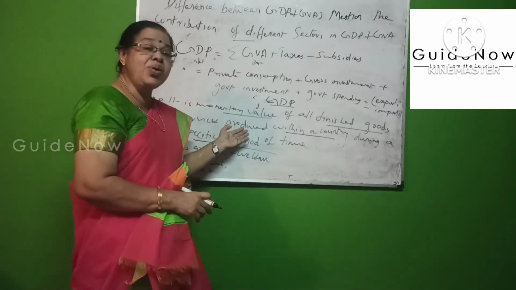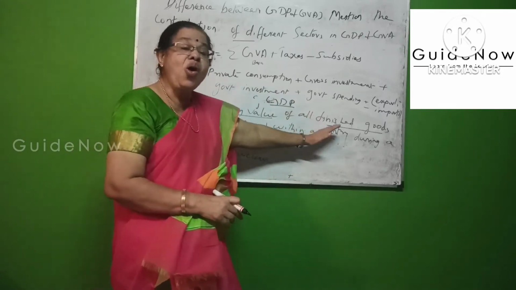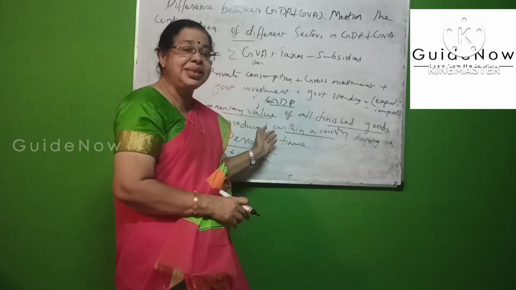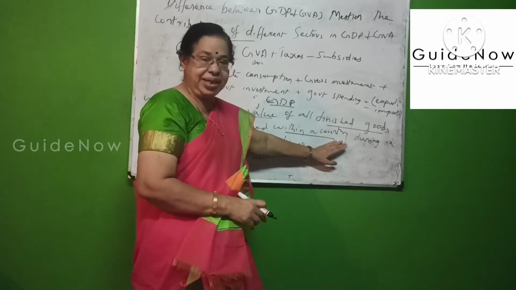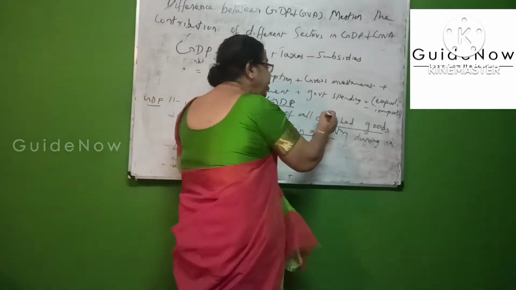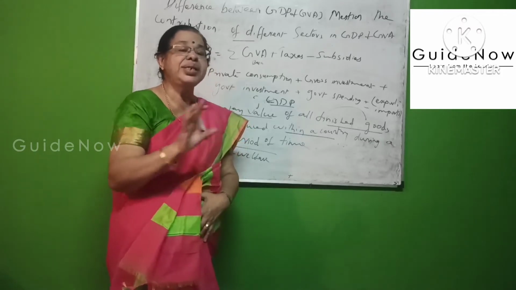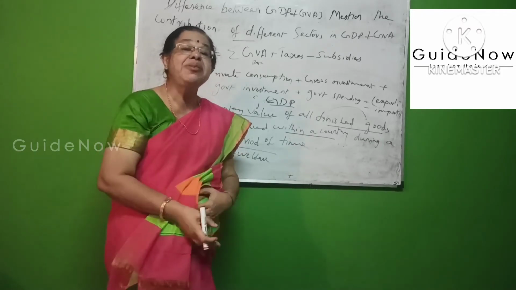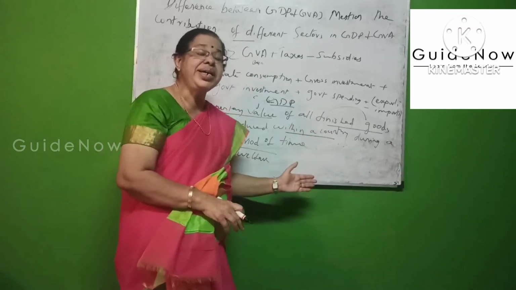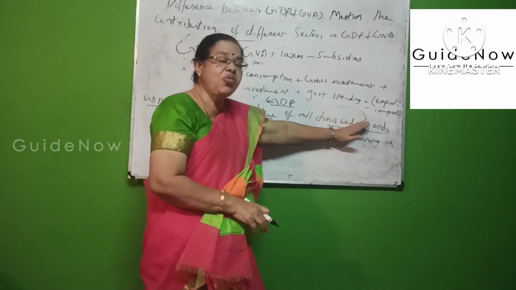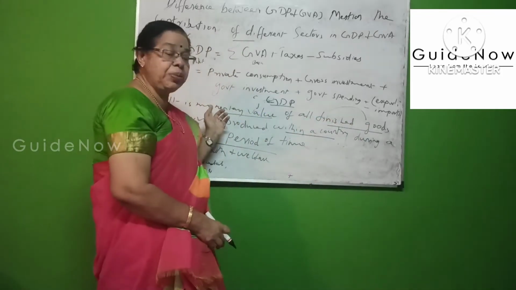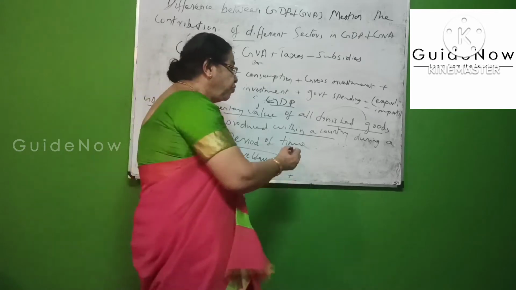This is the monetary value of all finished goods and services produced within the country. It only includes finished goods and does not consider intermediate products. Then, those products which are produced within the country.